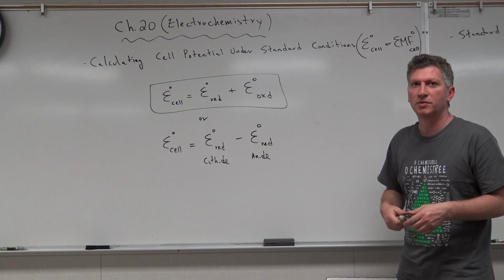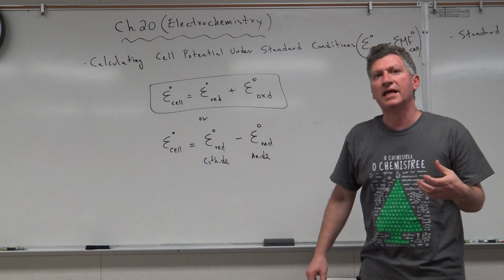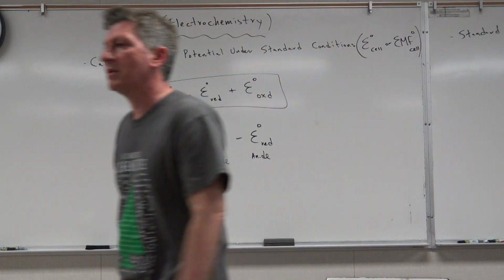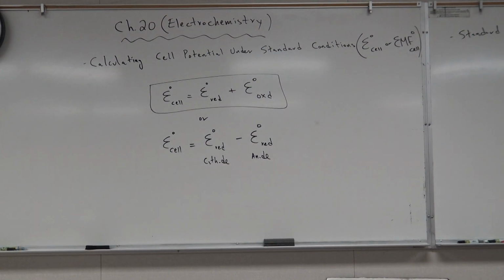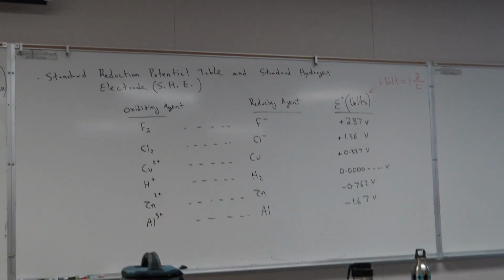So it uses reduction potential for both of them. But I think if you use this one, it makes more sense, and you'll see in a few minutes why that is. So in order to get those values, well, we go to the reduction potential table.